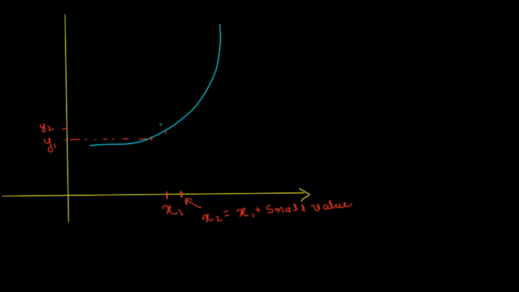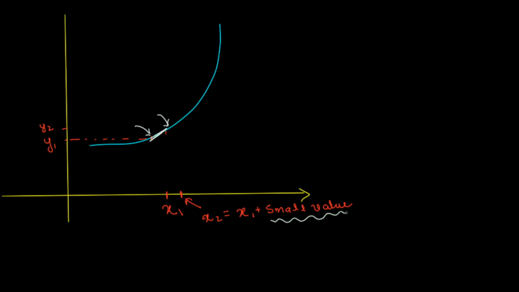Now if I do the good old technique of joining these 2 points, the steepness at this point and this point look pretty much the same. They are not literally the same yet, but now I hope you're getting at what I'm trying to get into.